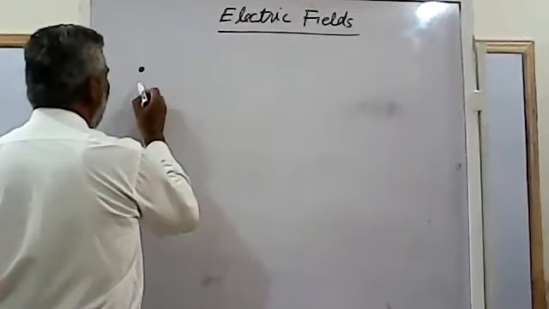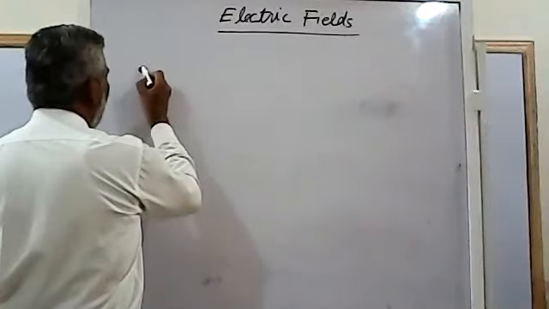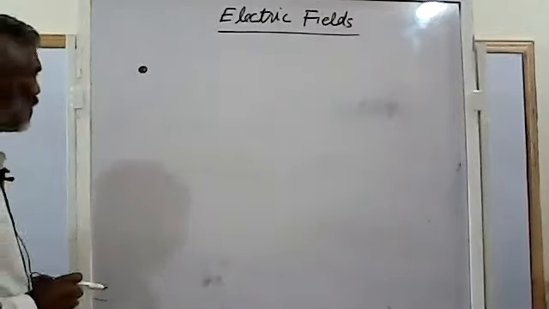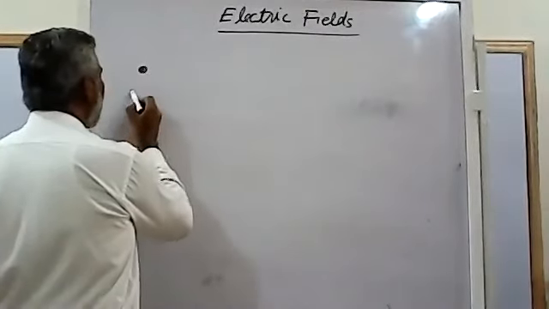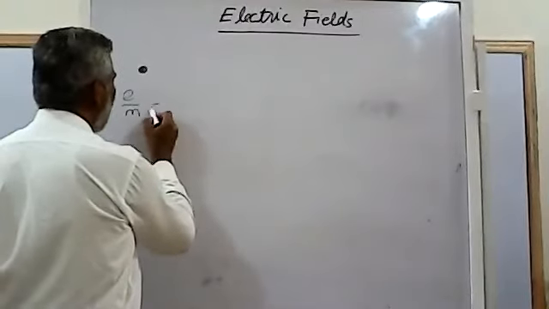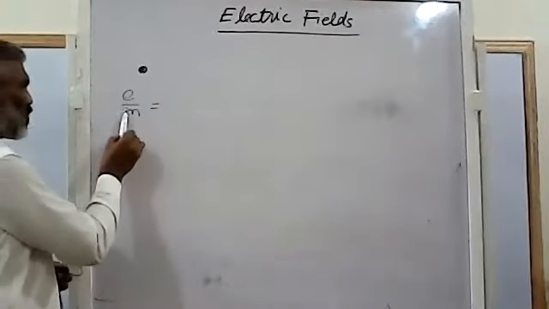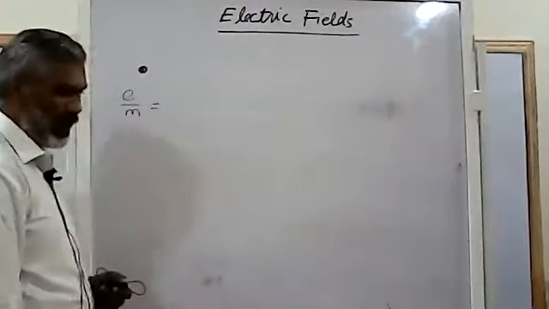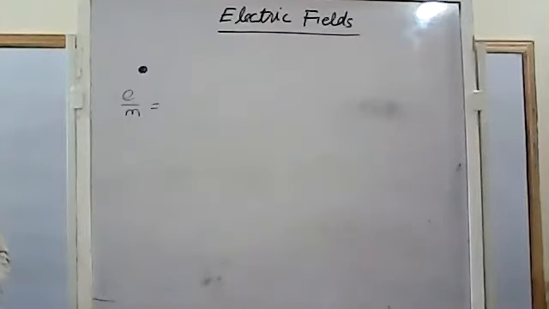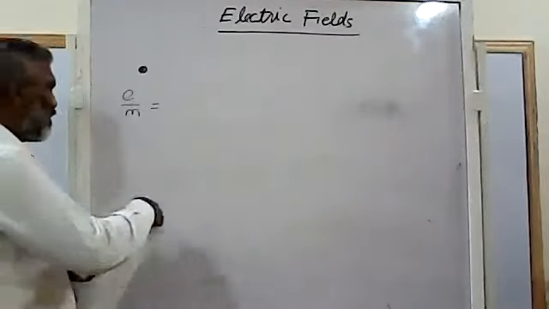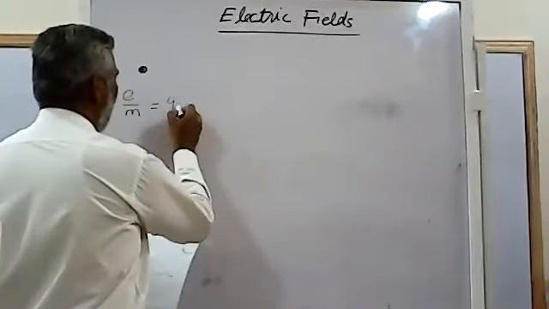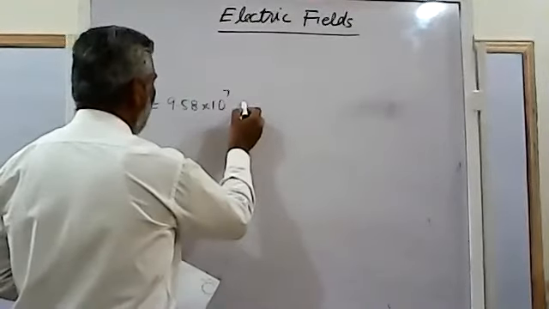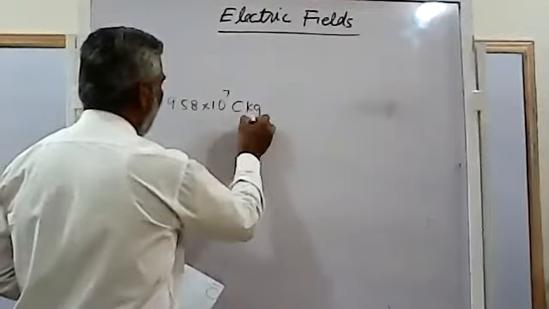This is a charged particle, and for this charged particle, they have given us the value of specific charge. Specific charge means charge to mass ratio. This is known as charge to mass ratio, and they call it the specific charge of any particle, and its value is given to be 9.58 into 10 raised to power 7 coulomb per kilogram.